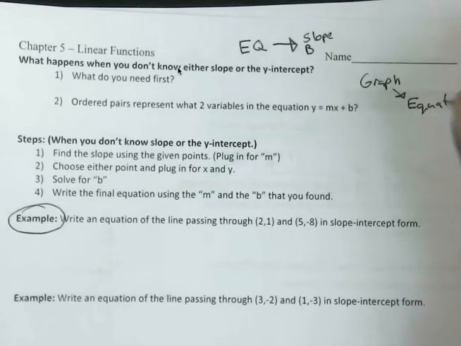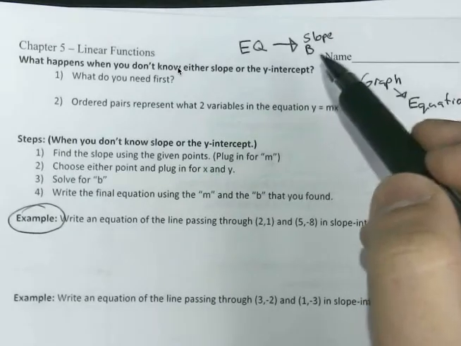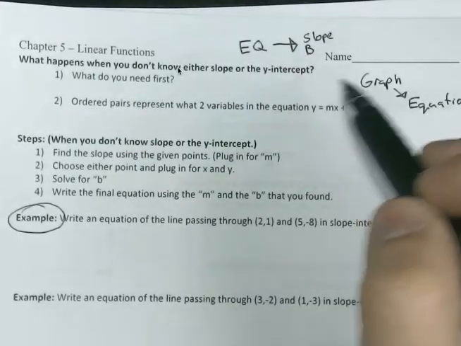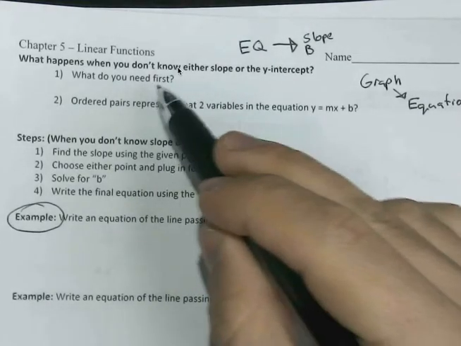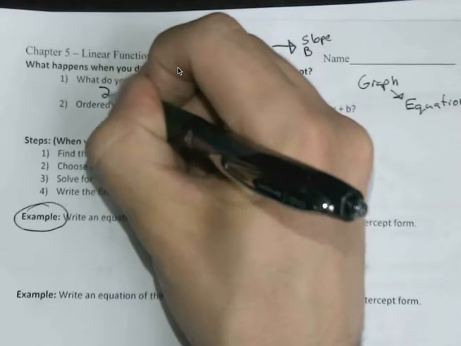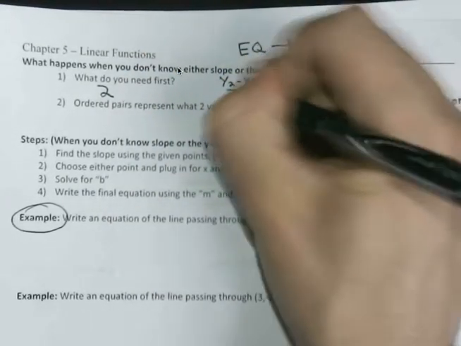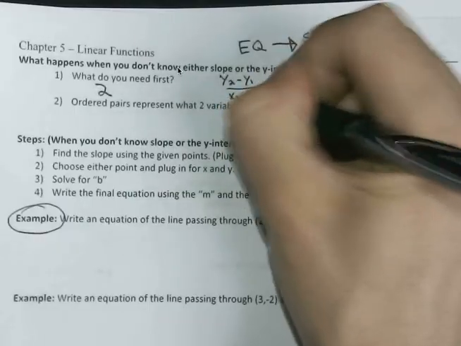But now we're going to redirect a lot of this because we might not end up being able to get the slope or the y-intercept just based off of an equation or based off of the graph. So really, in reality, what do you need to make this happen? Well, with slope, the formula, we have y2 minus y1 over x2 minus x1.